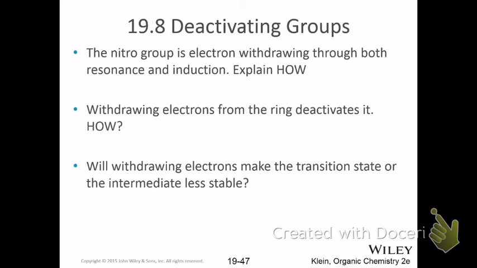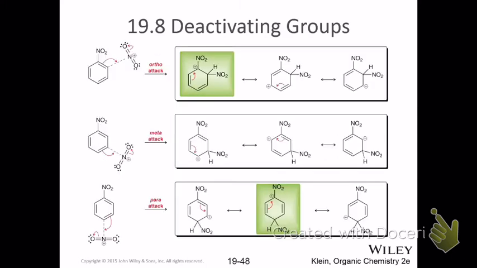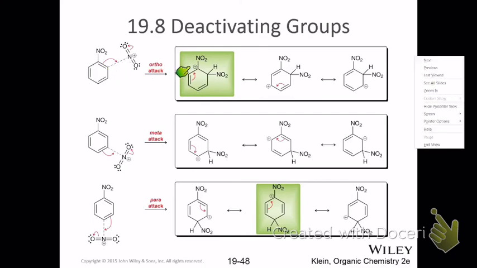Okay. So let's look at a deactivating substituent, the nitro group. Look at the ortho attack, the very top up here. Positive charge, right? Where does it show up? Right next to another positive charge.